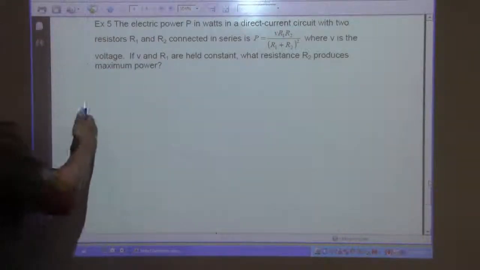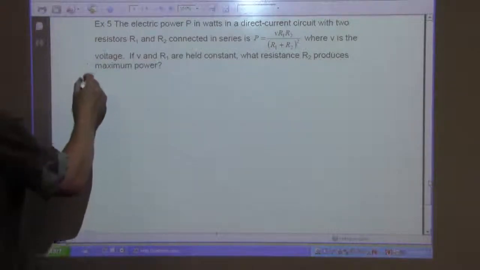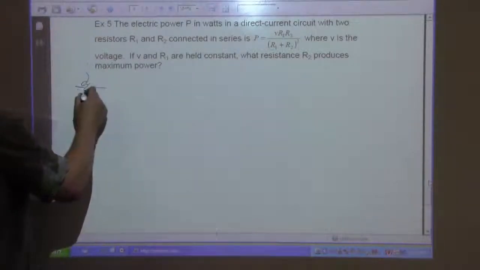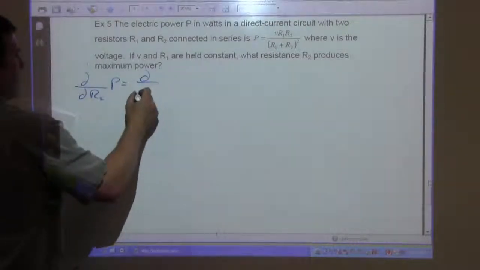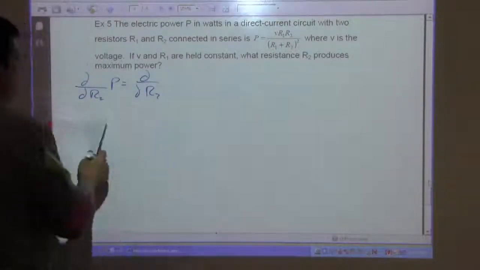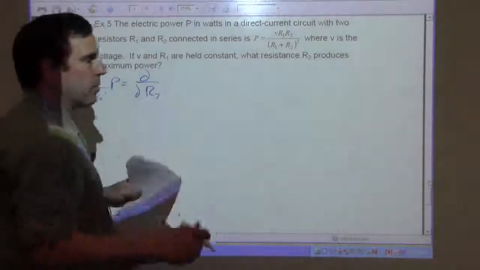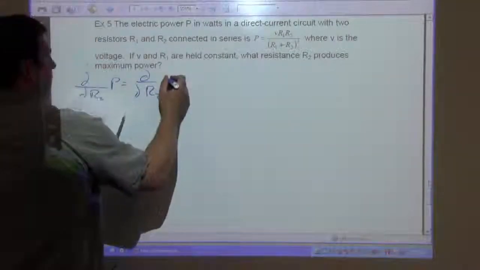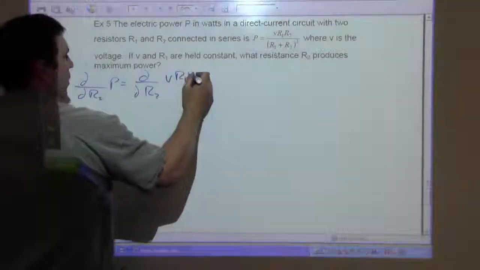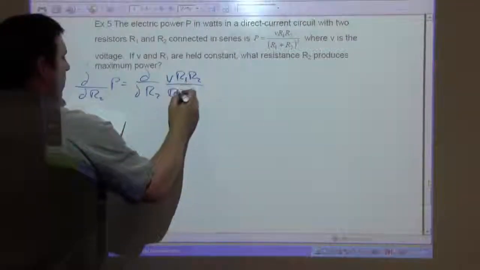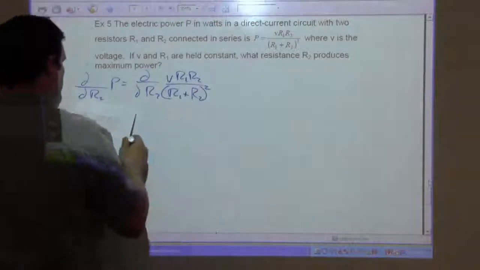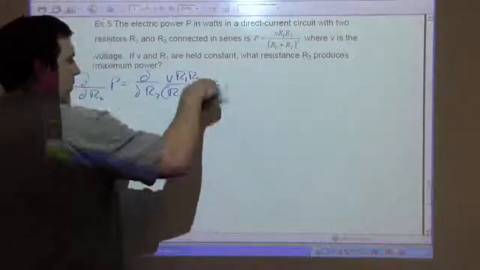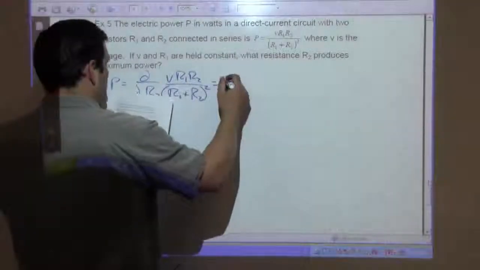So we're going to find the derivative with respect to R2 of P. That's the derivative with respect to R2. I always want to say D2, the Star Wars guy in me. Of V R1 R2 over R1 plus R2 squared. So that's going to be the quotient rule.